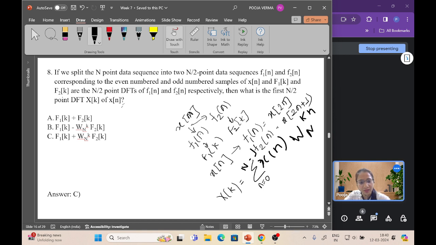Here x(n) is divided into x(2n) and x(2n plus 1), and the number of samples is also divided to N by 2. So n varies from 0 to N by 2 minus 1 for the even numbered samples x(2n), multiplied by the phase factor W_N^2kn, plus the odd numbered samples, where n varies from 0 to N by 2 minus 1, x(2n plus 1).